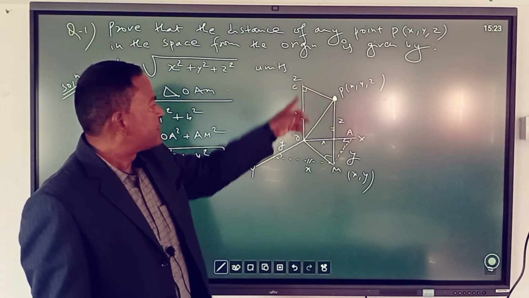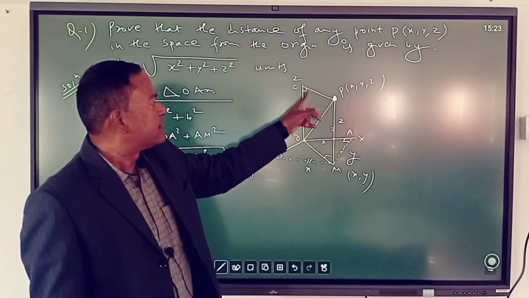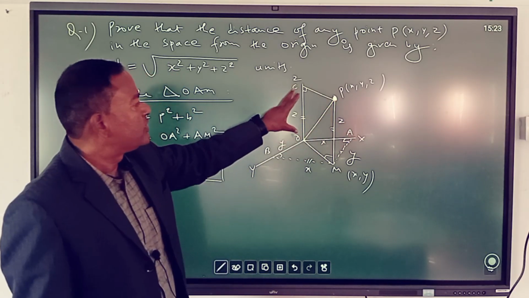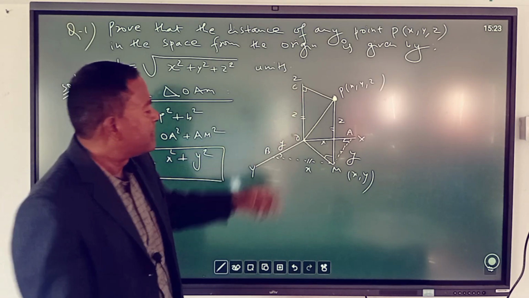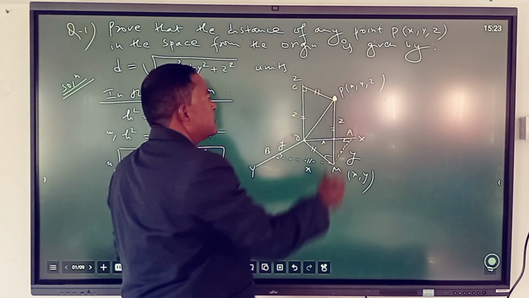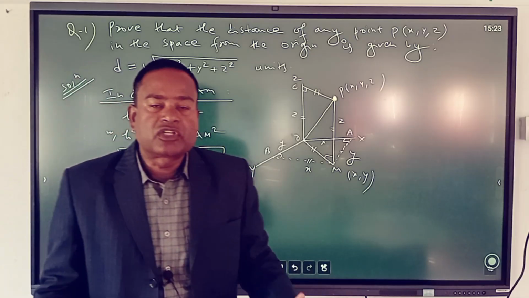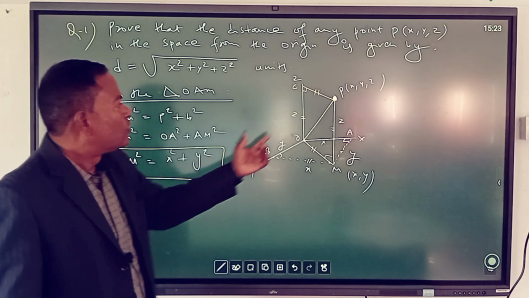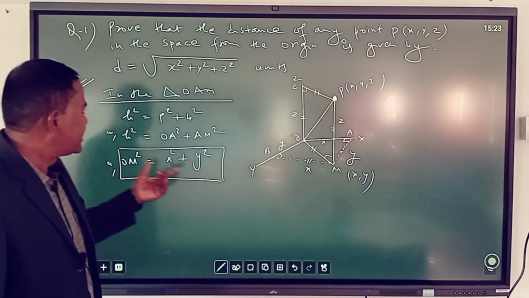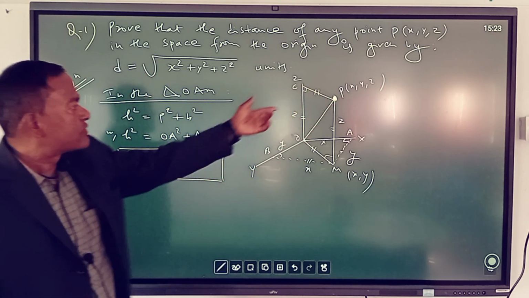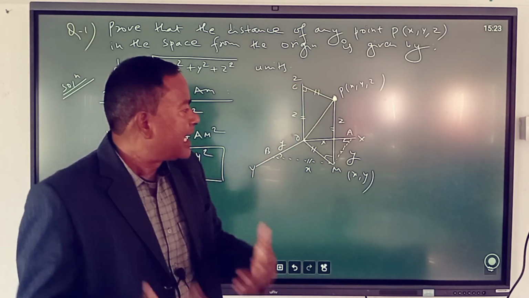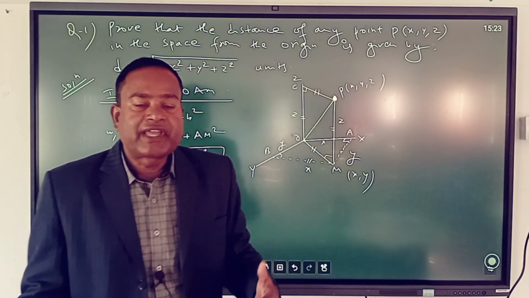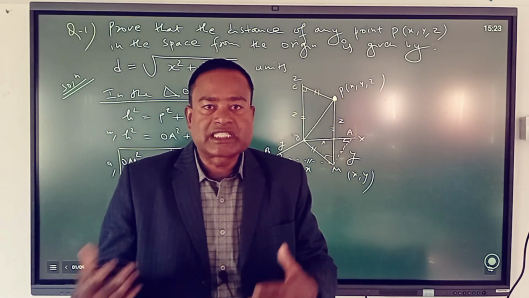By taking the right angle triangle OCP, we can find the length of OP, because OC is equal to z, and AM and CP are equal because they are the opposite sides of a rectangle. So CP will be equal to root x square plus y square. So either by taking the upper right angle triangle or the lower right angle triangle, we can find the distance between O and P.